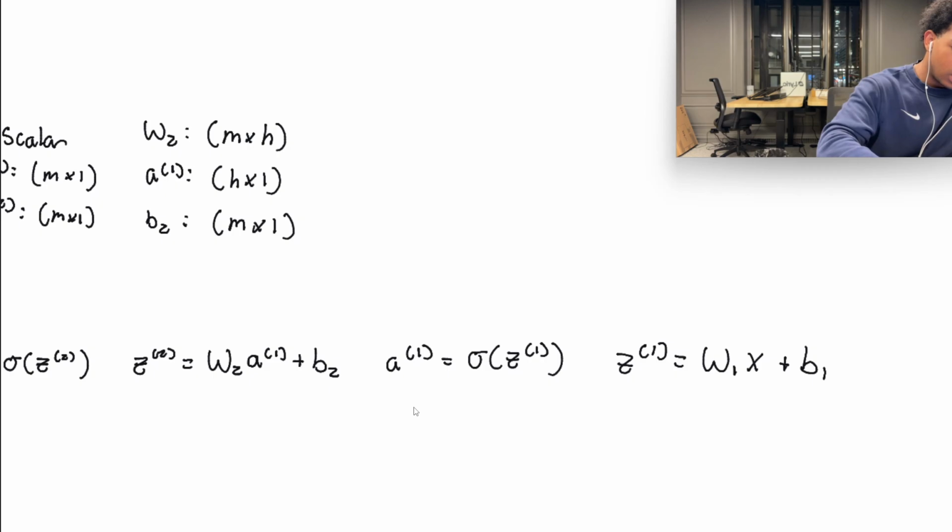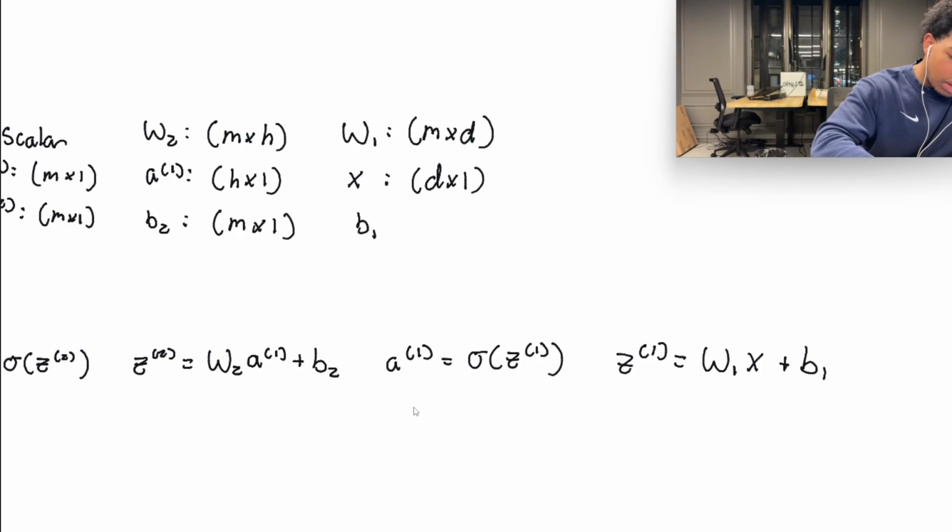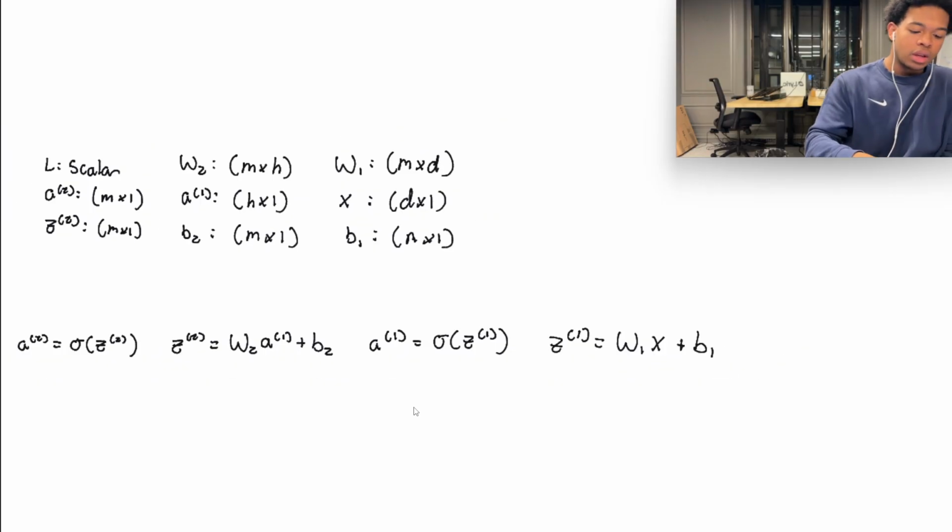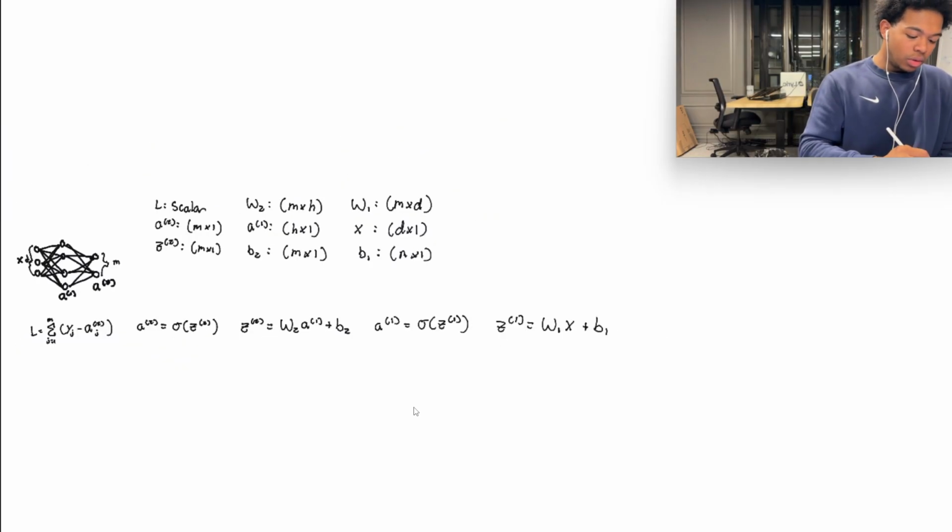And then naturally, w1 is m by d, x is d by 1, and then b1 is m by 1. Okay, so that's our table of dimensions for everything. This is our drawing of our neural network.